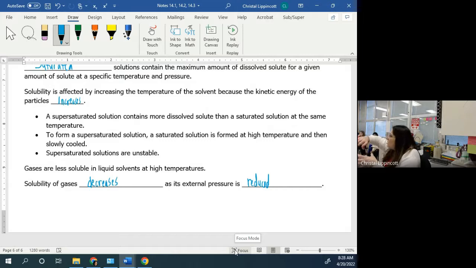So when you go and you unscrew that pop, you're making it the same pressure as atmospheric pressure out here. You've reduced the pressure. What happens to some of the fizz in that pop? It escapes. That's the hiss that you hear. It's the pressure equalizing, but it's also some of that pop coming out of solution.